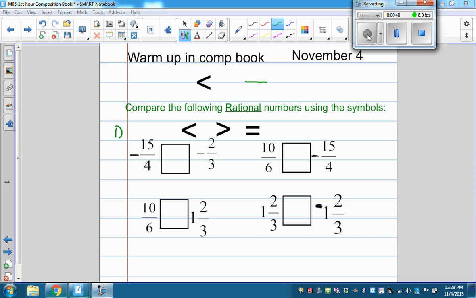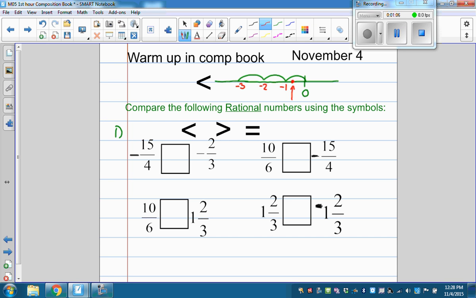On a number line, I just do a little scratch work. If this is 0, and this is 1, 2, 3, negative 2/3 would fall somewhere between 0 and negative 1. So negative 2/3 would fall about there.